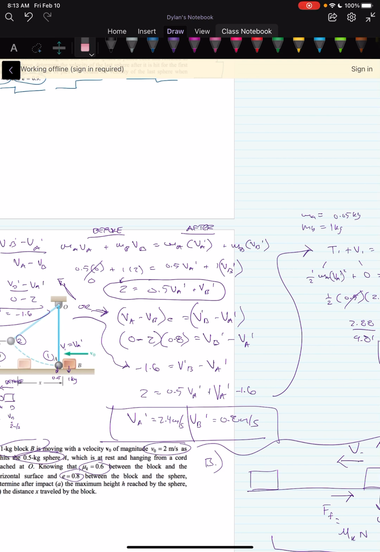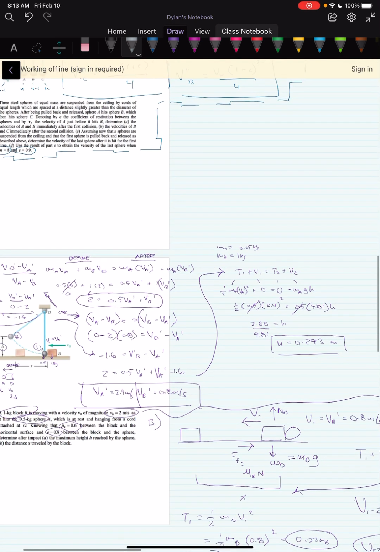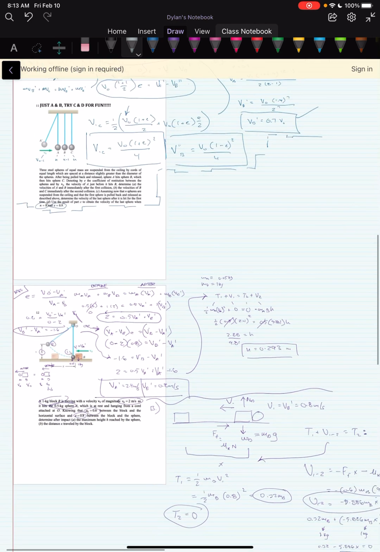So once I did that, I was able to get another series of equations, and I had enough knowns to where I could just find the actual momentum of the block and the sphere, both objects A and B, and then I was able to use that with the conservation of energy to find the actual height.